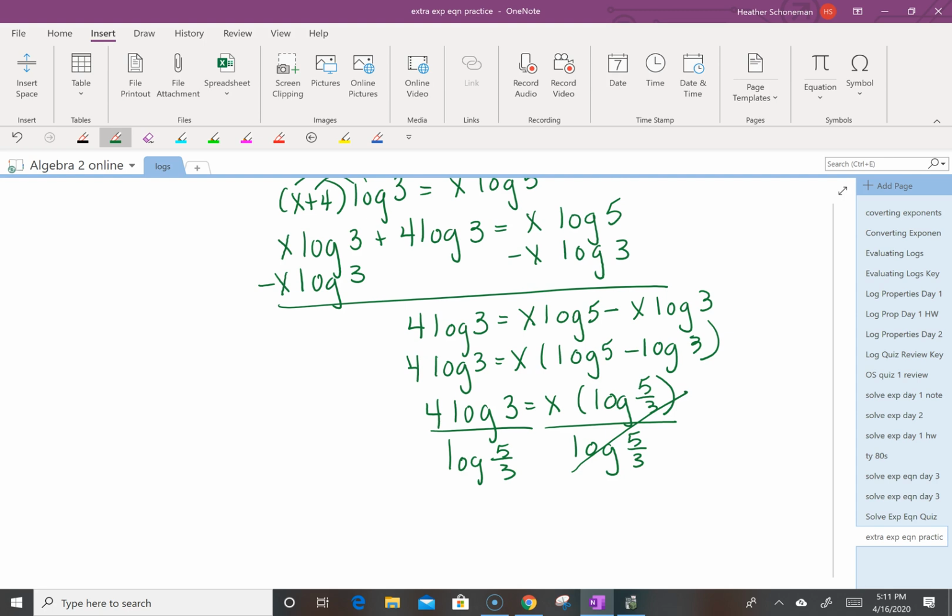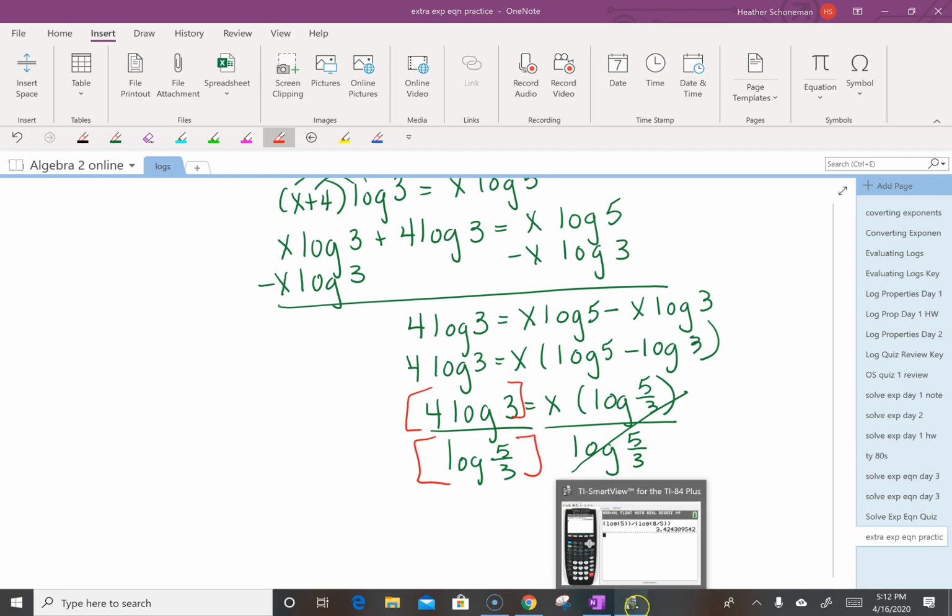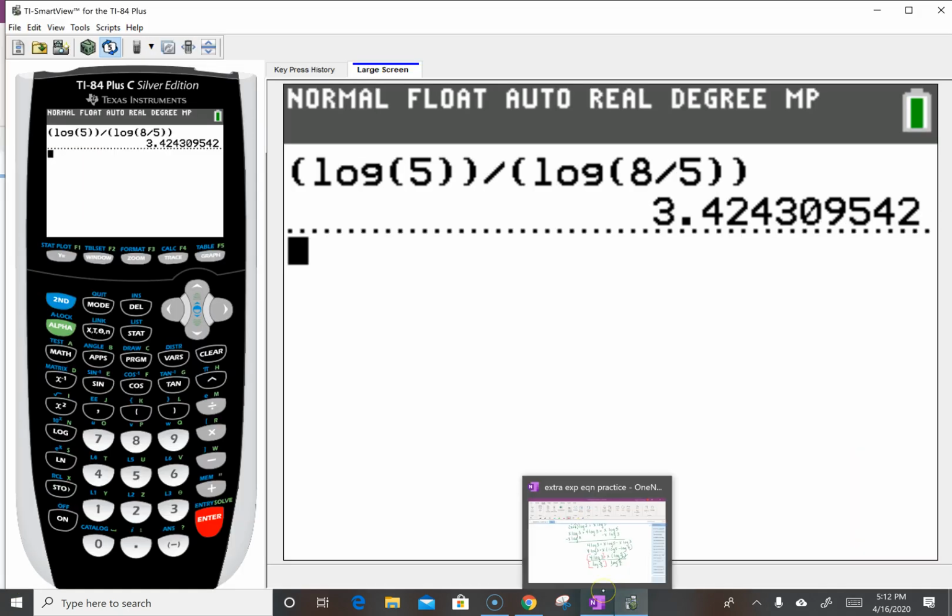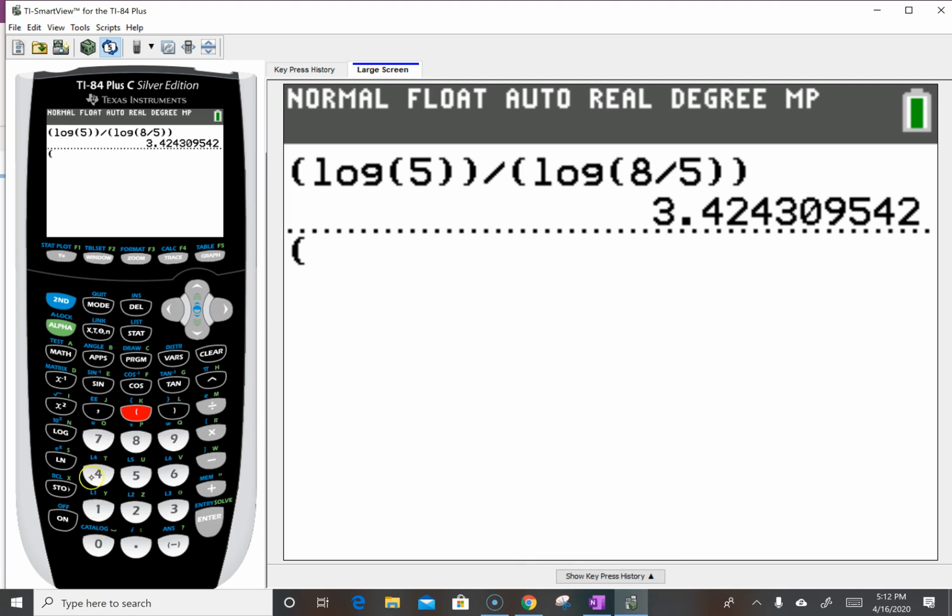Now I have to take this part and put it into my calculator. But remember again, when you do this, your calculator does not understand order of operations, and so you need to put the top and the bottom in parentheses. All right, so let's put this in our calculator. So on the top, starting the parentheses, we're going to have 4 log of 3. Close the parentheses for the log, close the parentheses for the numerator. Divided by, start a parentheses for the denominator.